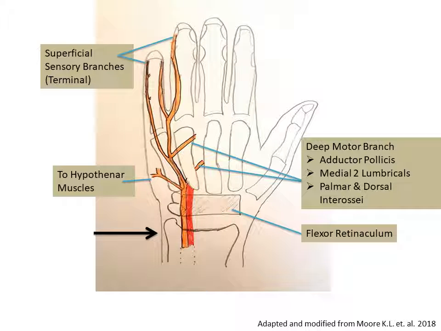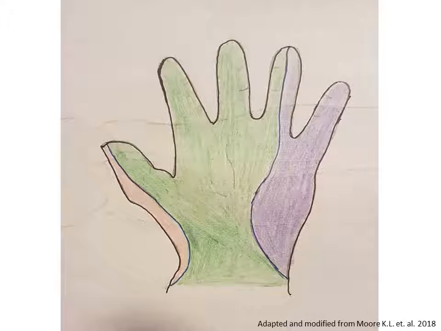It then ends with a superficial sensory branch to the medial 1.5 digits, otherwise known as the little finger and half of the ring finger. This is the palmar surface of the hand.